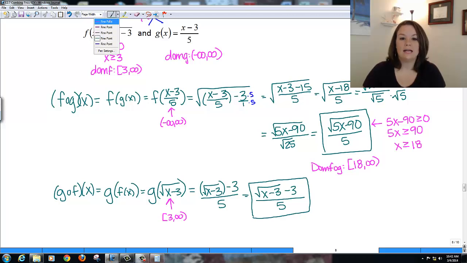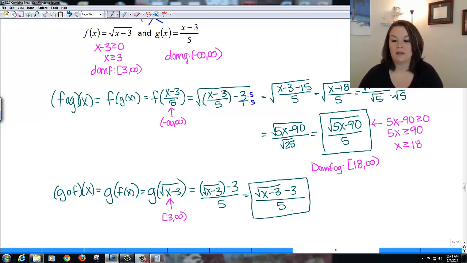Notice here, I didn't incur any new domain restrictions because of the square root of x minus 3, we already have that stipulation saying we have to start from 3 to infinity to accommodate that. And then we didn't get any other radical, and we didn't get a variable denominator.